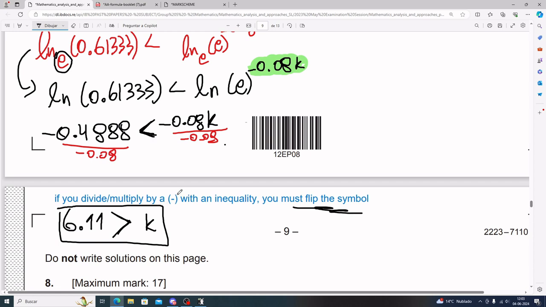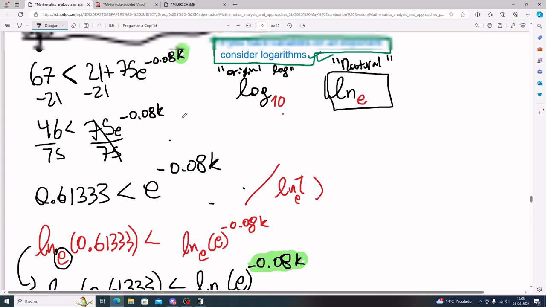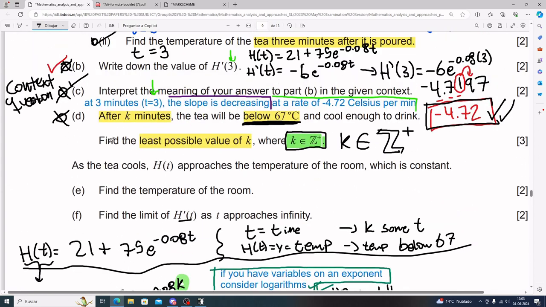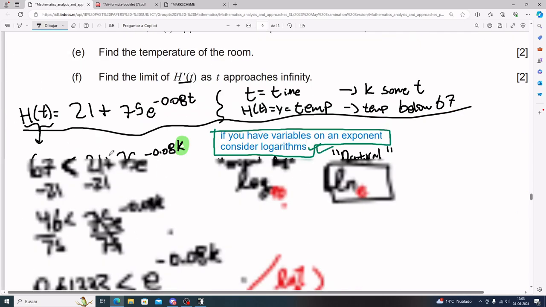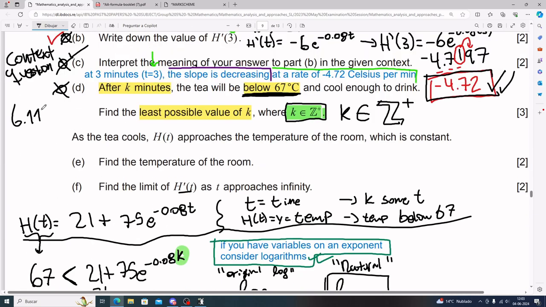So that was quite a long series of math in order to find my answer. So let's really try to interpret this properly. So for part D, you found 6.11 is greater than k. So after how many minutes will the T be below 67 degrees?